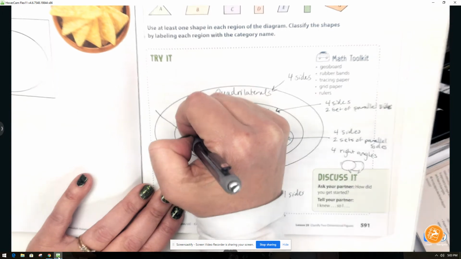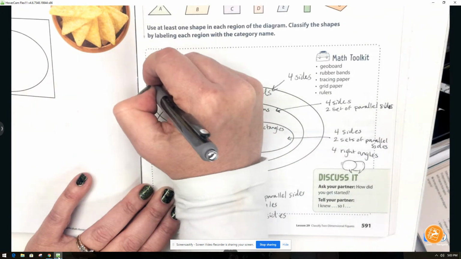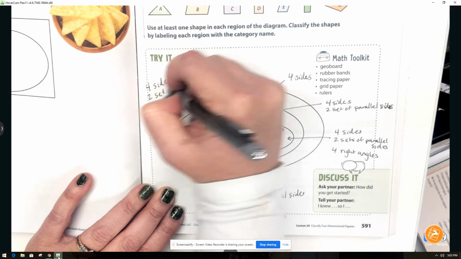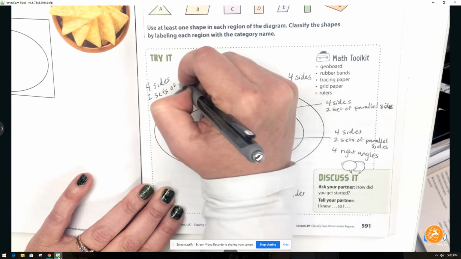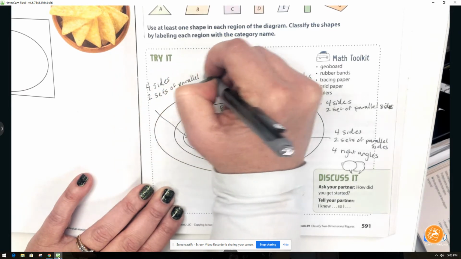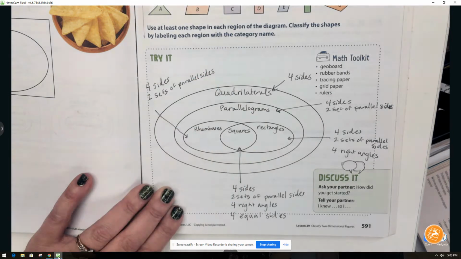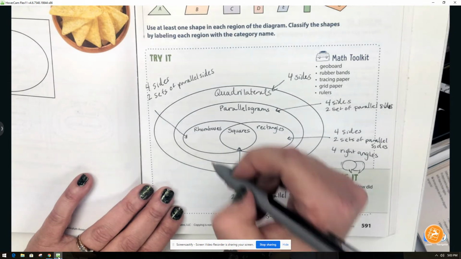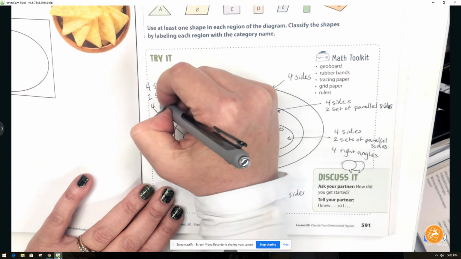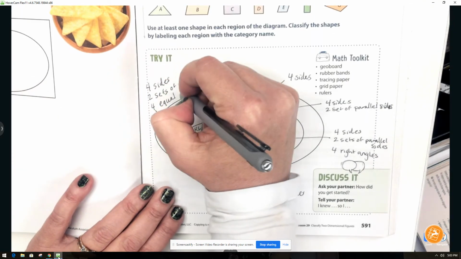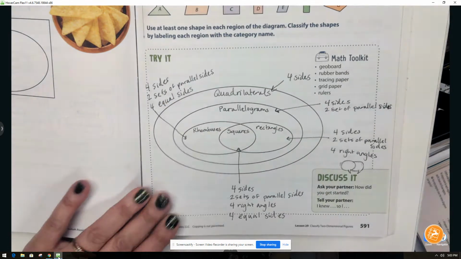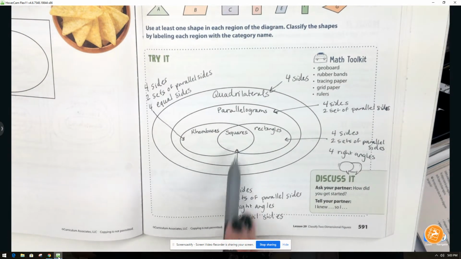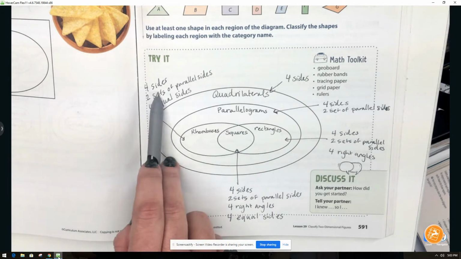Rhombuses have 4 sides, 2 sets of parallel sides, but what makes a rhombus different from a rectangle is a rhombus has 4 equal sides. That's why a rhombus is sometimes a square, because squares also have 4 sides.